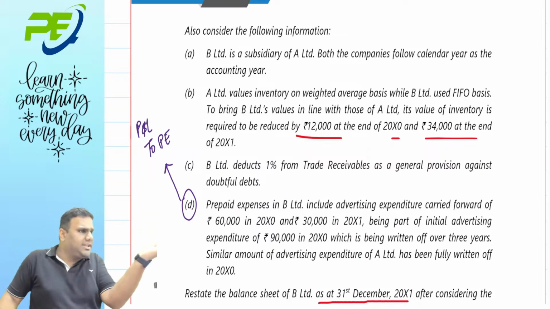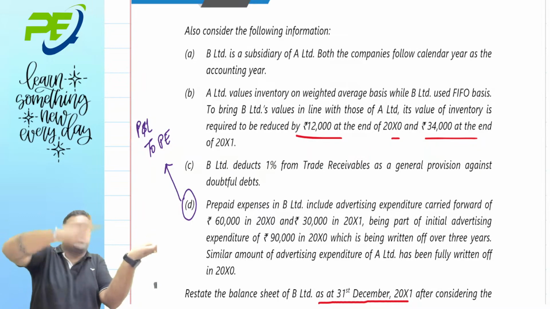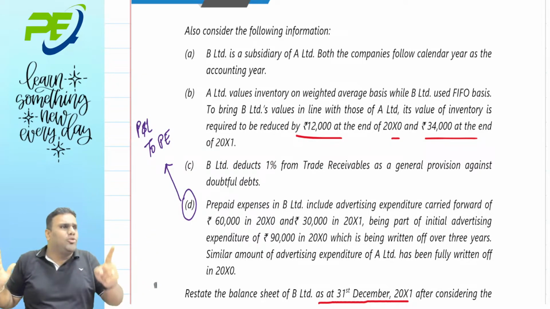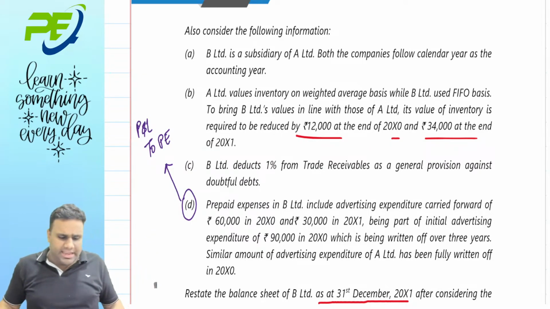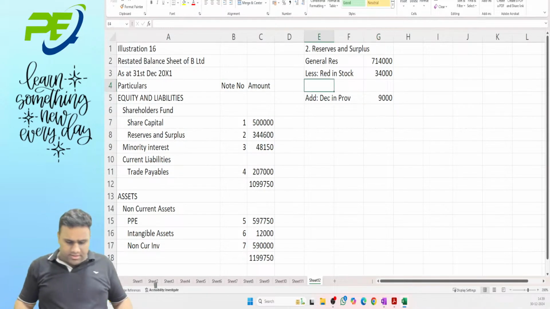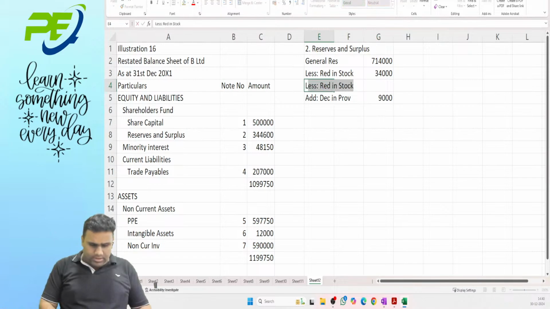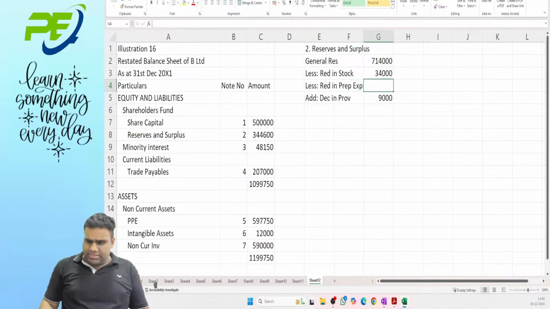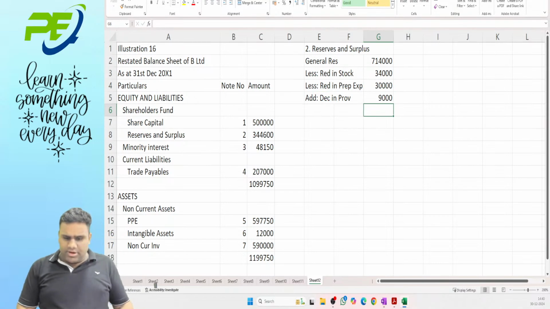Prepaid expense is an asset. You have to reduce it because the holding company is not carrying forward; you cannot carry forward either. So P&L to prepaid expense. Your profits are decreasing, less reduction in prepaid expense. The amount is 30,000.